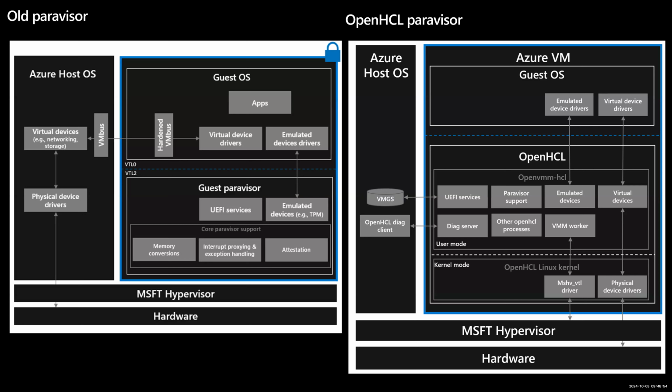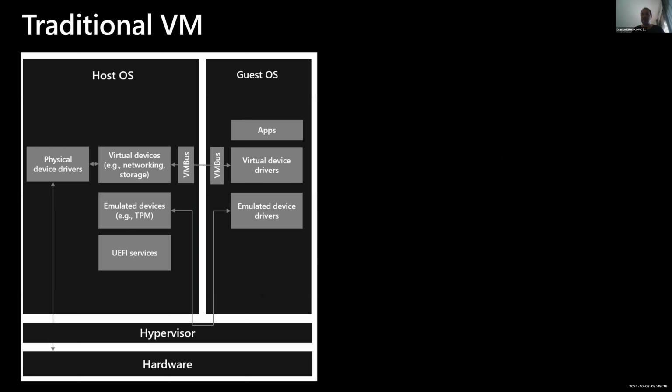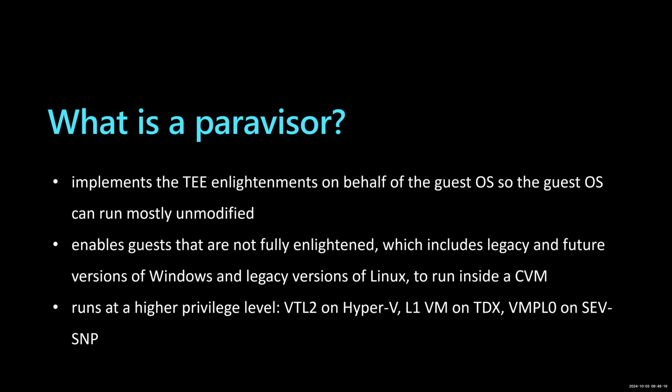Sure. I'm trying to think what order to tackle them in. Maybe for the privilege level one, the last question you said. I believe that Coconut also runs in VMPL0 on SEV-SNP, but I'm actually not sure, because there are 4 privilege levels, and as long as it's one higher than the guest, I think that's sufficient to keep the security promise of both an SVSM and a paravisor.